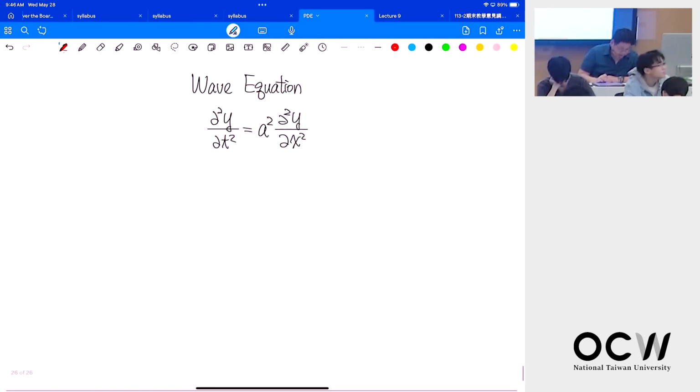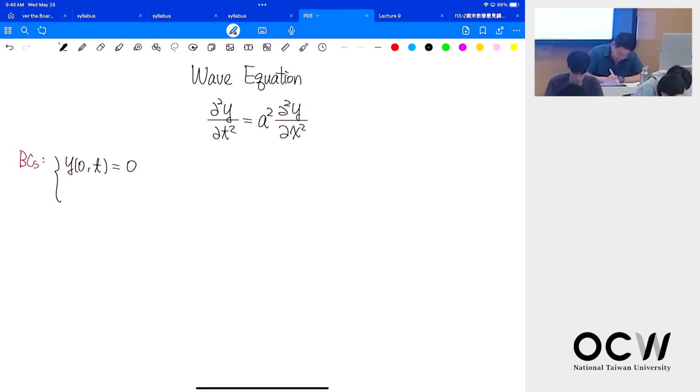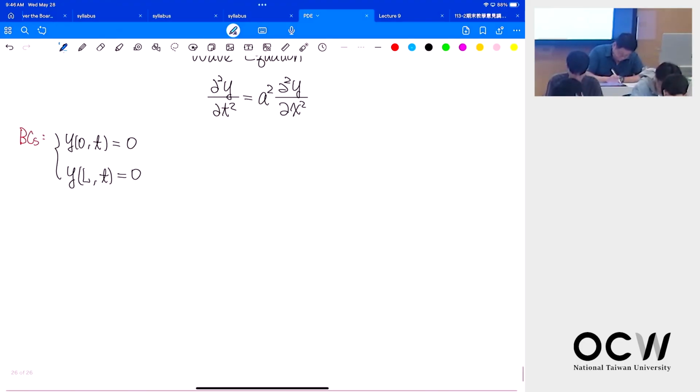In this case, we have three different boundary conditions and initial conditions. For boundary conditions, at the boundary, that's 0. And the initial condition at 0, that's 0. And for the speed, initial speed is also 0.